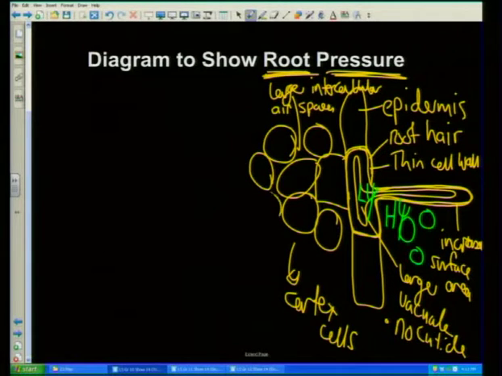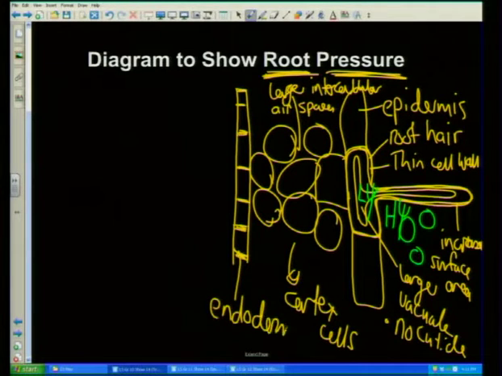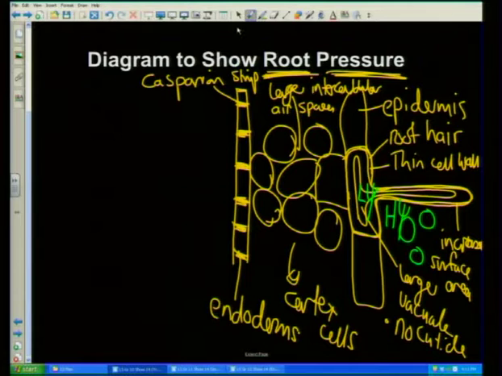And as this water now travels through, we then get very special cells, and we've done this, and those special cells here is your endodermis, and that endodermis has a thick strip around it called the Casparian strip. And what does the Casparian strip do? Directs the water. And then we go to the xylem vessels.